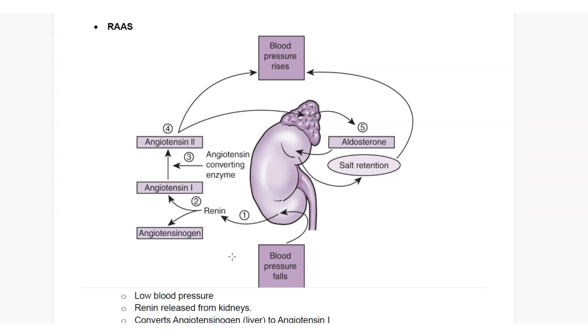On the other hand, angiotensin 2 also acts on the adrenal gland, stimulating it to release aldosterone. Aldosterone acts on the kidneys to stimulate absorption of salt, sodium chloride, and water, thus resulting in a higher blood pressure or a higher blood volume.